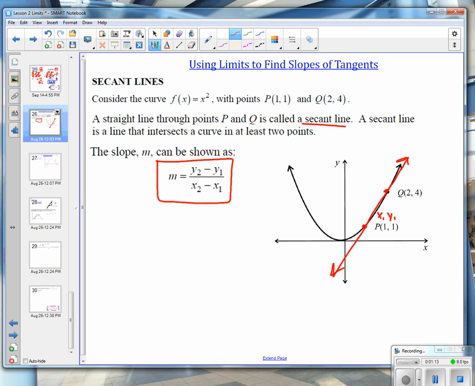So this is going to be x1, y1, x2, y2. So this would become 4 minus 1 over 2 minus 1, which would just become 3 over 1, which is going to be 3. So I know that the slope of this line is definitely going to be 3.